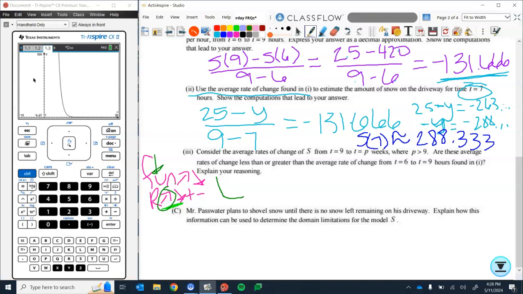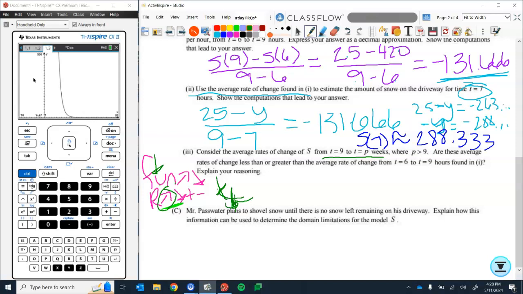The rates of change are increasing because it's concave up. So if they're increasing, then the rates of change from 9 on, let's say that that's 9. That looks like a 7. Okay, that's why I wasn't going to write it. Let's say that that is 9 and this is 6. So from 6 to 9 and then 9 on, the rates of change from 9 on are greater because it is concave up.